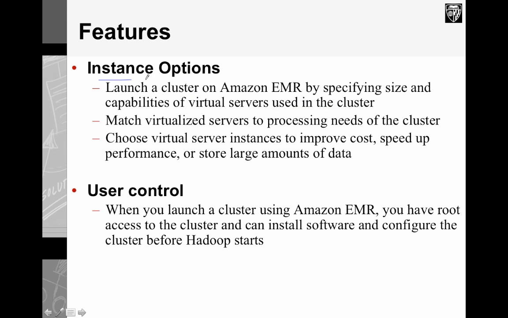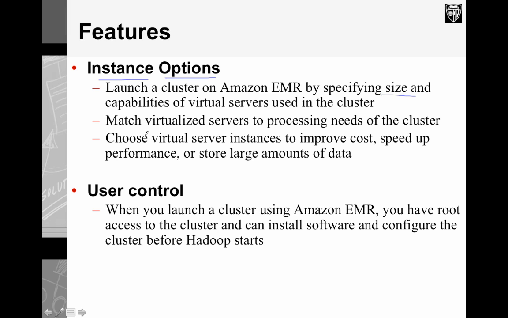In terms of instance options, when I say instance options, I mean the various virtual machine instances. Amazon has a whole series of virtual machines or virtual servers that you can use. These virtual servers have various capabilities in terms of size, such as memory, performance, and so on and so forth.